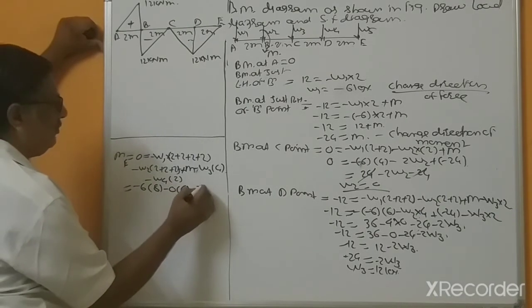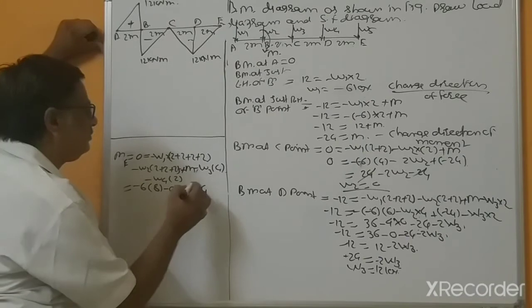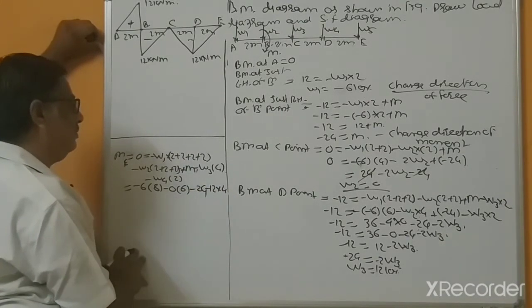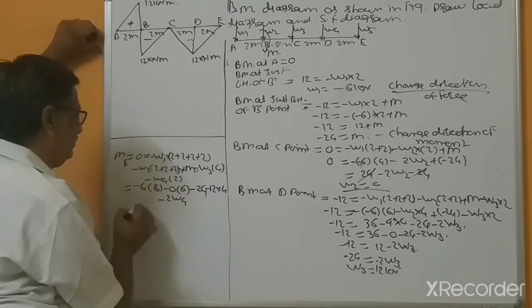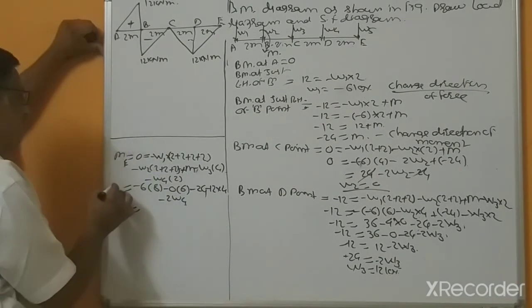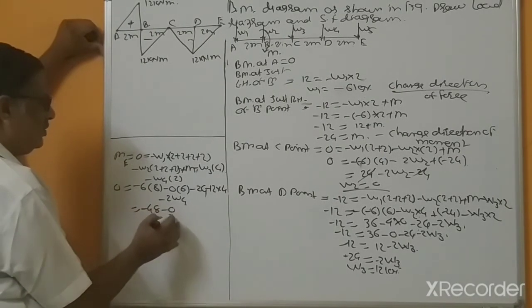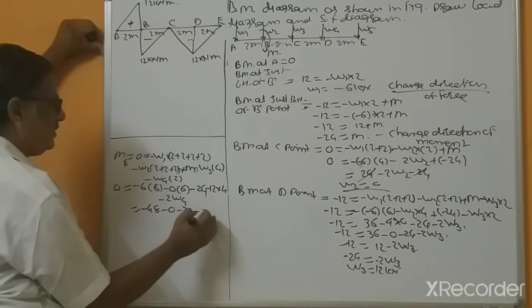This is minus 24. 12 into 4 minus 2 W4, and this is equal to 0, 48, 0, 24, minus 48.